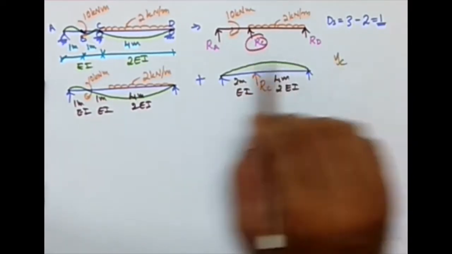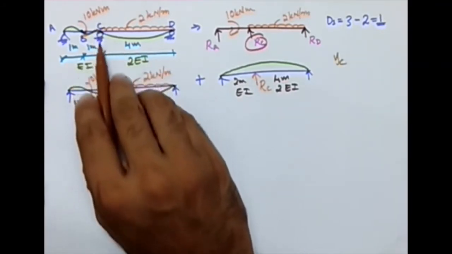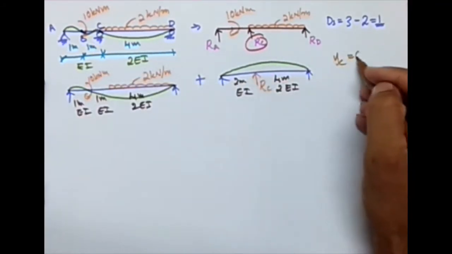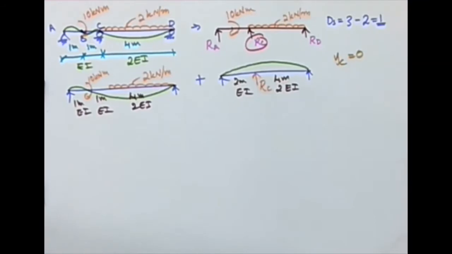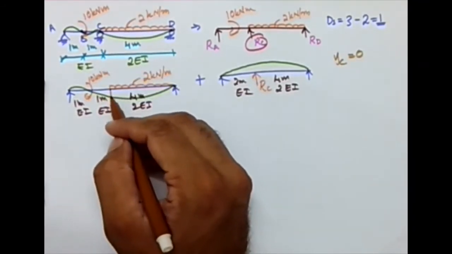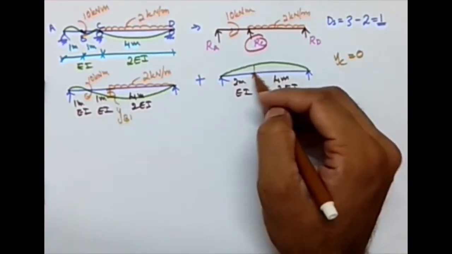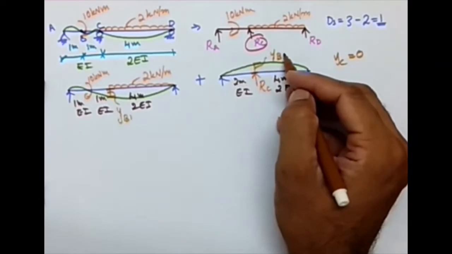Now, what is the YC in the original structure? C is a roller, which means that it won't allow vertical deflection. So in the original structure, YC is 0. What about the substructures? At the point C, I'm having some deflection here. Here also I'm having some deflection.